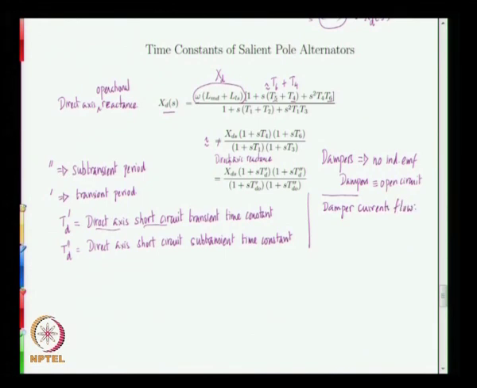For example, if an alternator operating at synchronous speed is subjected to an electrical fault, which is a fairly large disturbance, there will be some relative motion between the rotor and the magnetic field, and therefore there will be an induced EMF in the damper bars and some damper currents will flow.